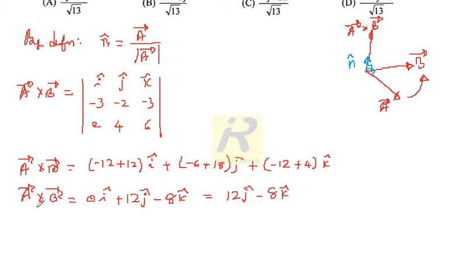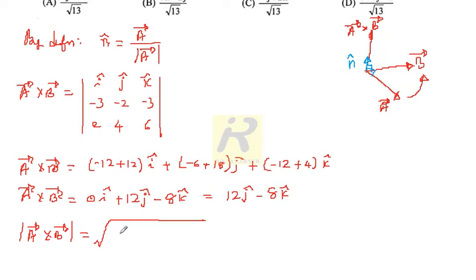Now let me find the magnitude of vector A cross B. The magnitude will be the square root, and there is no i component, otherwise you would have to include the square of the i component.